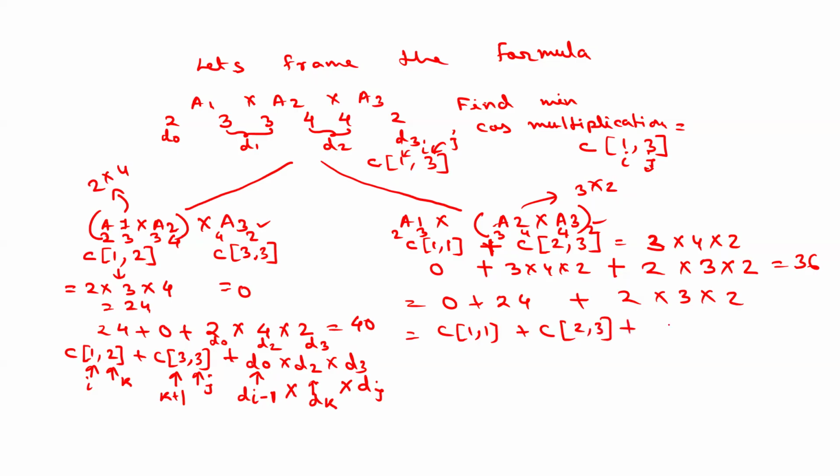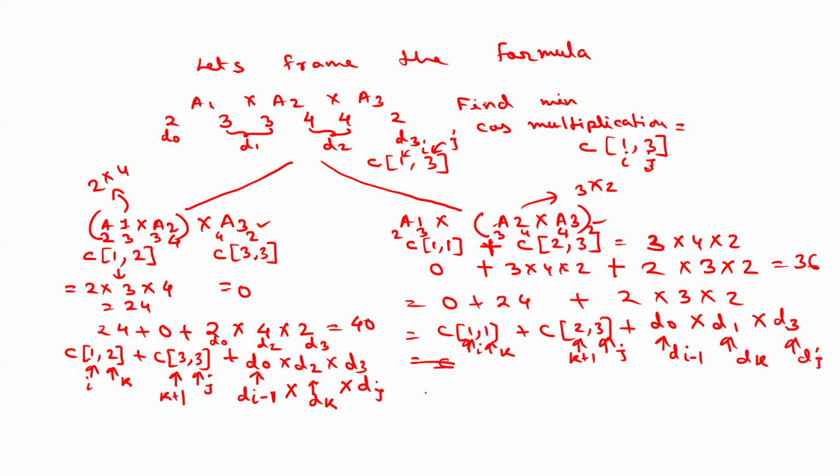So that means it is C11 plus C23 plus, here 2 is the dimension of D0, 3 is the dimension of D1, and 2 is D3. So here we can also say this is I, this is K, this is K plus 1, this is J, this is D(I minus 1), this is dk, this is dj.